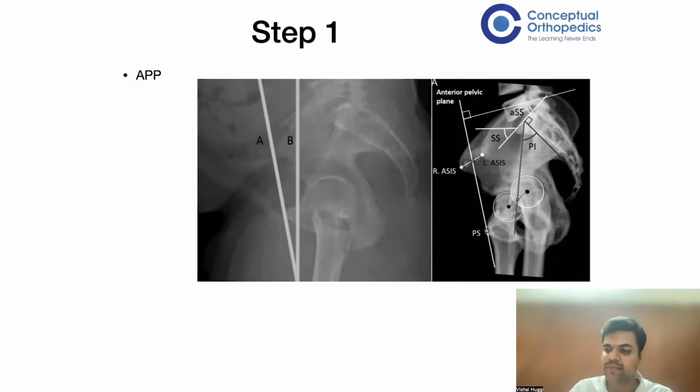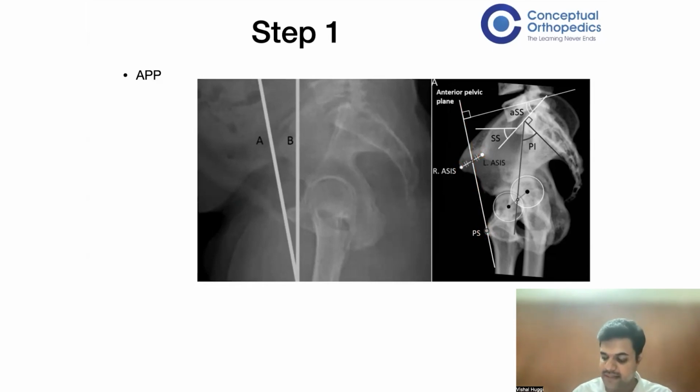It is the ASIS, right? What is the most anterior part of the lower pelvis? It is your symphysis pubis. When you join a line between the midpoint of the ASIS and the symphysis pubis, this plane is called the anterior pelvic plane. Any doubts?